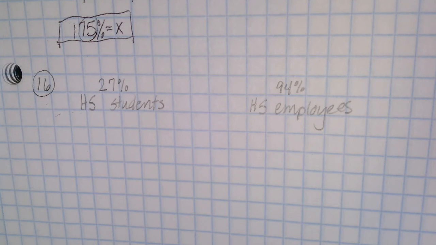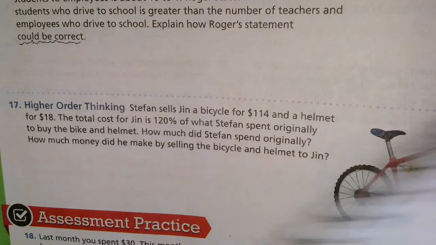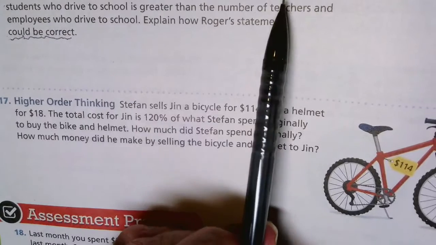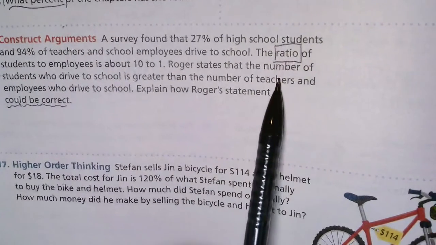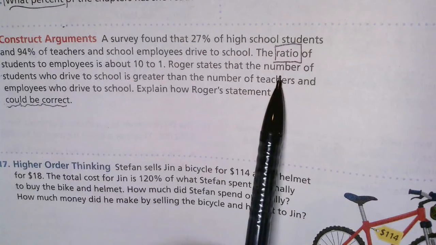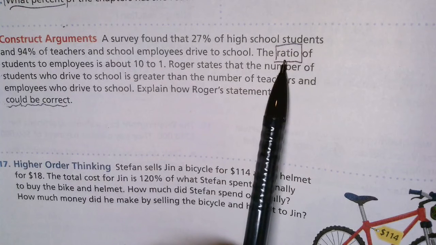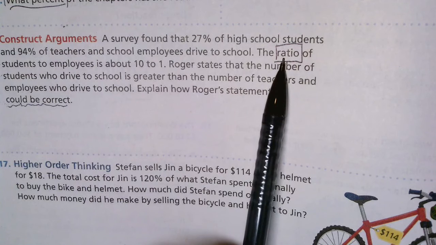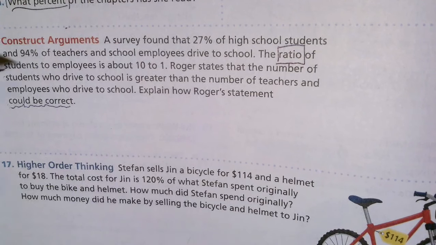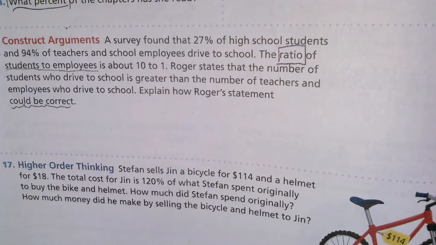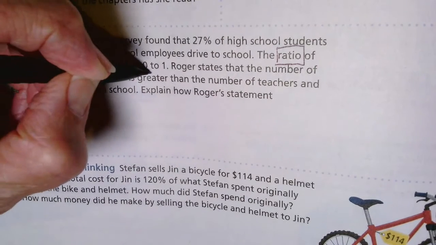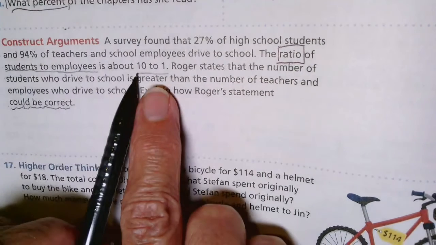The other thing that we want to think about in this problem is that we were given some information about the ratio of students to employees. Now, when you think back to when we talked about ratios, we talked about the order that things are mentioned in the problem and the order that the ratio is represented.